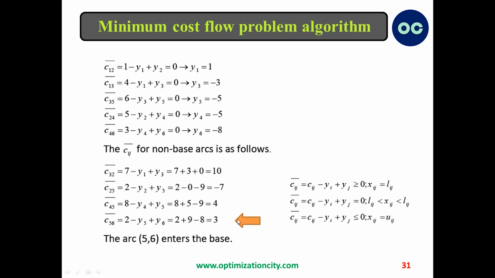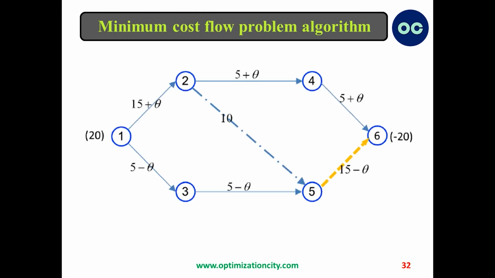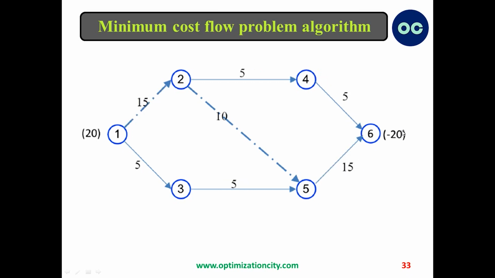So arc 5,6 enters the base, and by setting theta equal to 0, arc 1,2 is removed from the base and arc 5,6 is added to the base. As a result, we have this network with the objective function of 155.